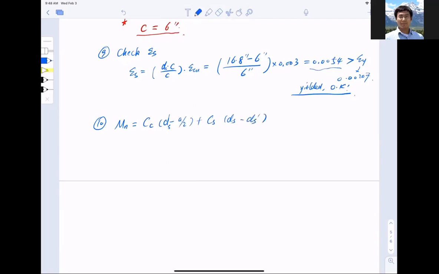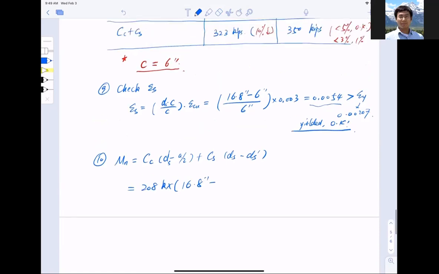So what I have here, I have 208 kips multiplied by (ds 16.8 inch minus a). What is a again? Beta 1 c, right? So immediately, let me just add this up here. a equals beta 1 c. That is for 4 ksi, you should remember this number by now. Beta 1 equals 0.85 multiplied by 6 inches, and I have this to be 5.1 inch.